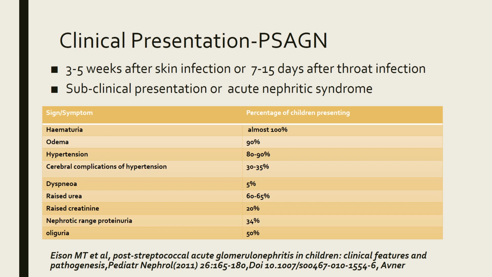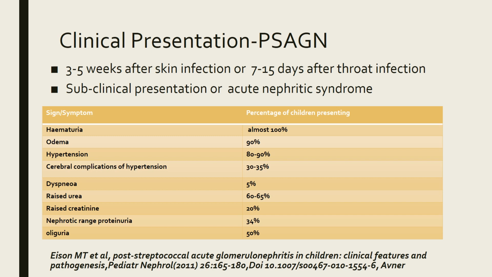Same thing with hypertension, between 80 to 90%. About 30% of patients presented with cerebral complications of hypertension. They may present with PRES, hypertensive encephalopathy, hypertensive retinopathy, like that. 5% presented with pulmonary edema.